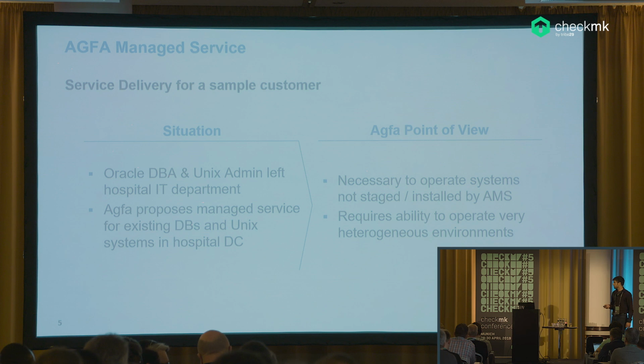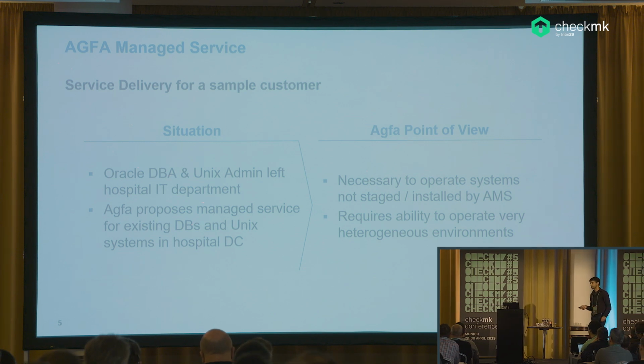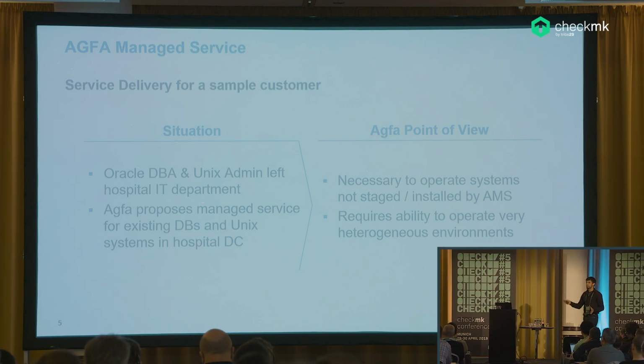And this is one of the examples, how a customer request would come in. Maybe in a larger hospital, they may have their own DBAs, Unix admins, and maybe an administrator is leaving a department, and it may be necessary that this employee needs to be replaced by somebody, or maybe the clinic wants to outsource this because it's hard to find someone, and that's where we come in.